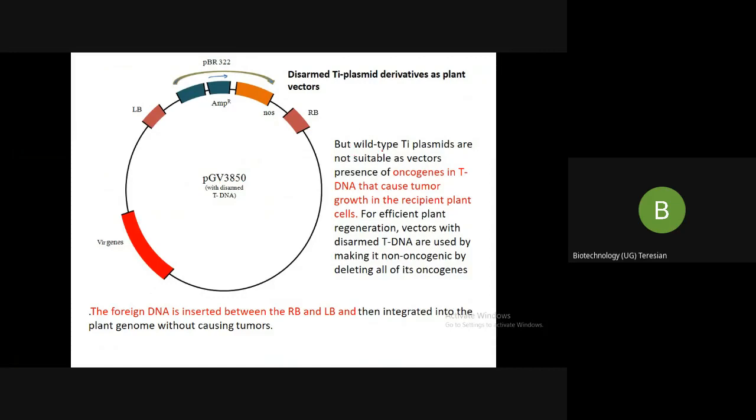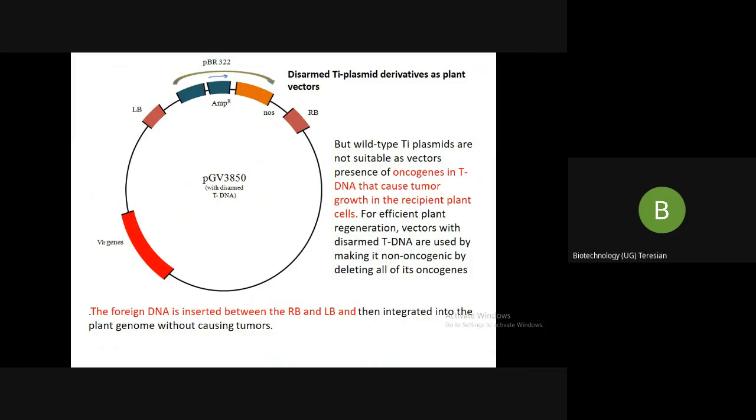So, your wild type Ti plasmid, your wild type tumor-inducing plasmid, which is present in your Agrobacterium, is not suitable as a vector. What do vectors mean? They are vehicles. They are the ones who carry the gene from one plant into another plant. They are not suitable as vectors because of the presence of oncogenes in the tDNA that cause tumor growth in the recipient plant cell.